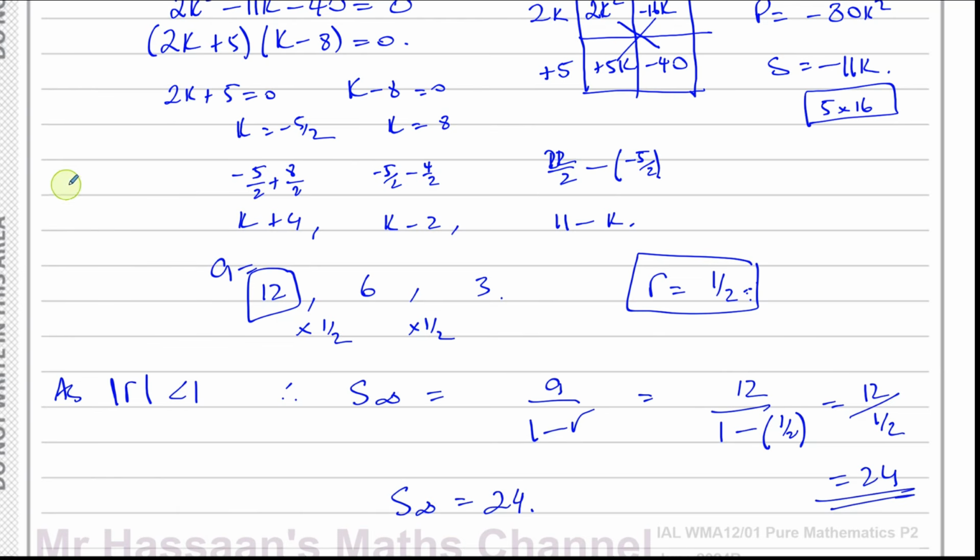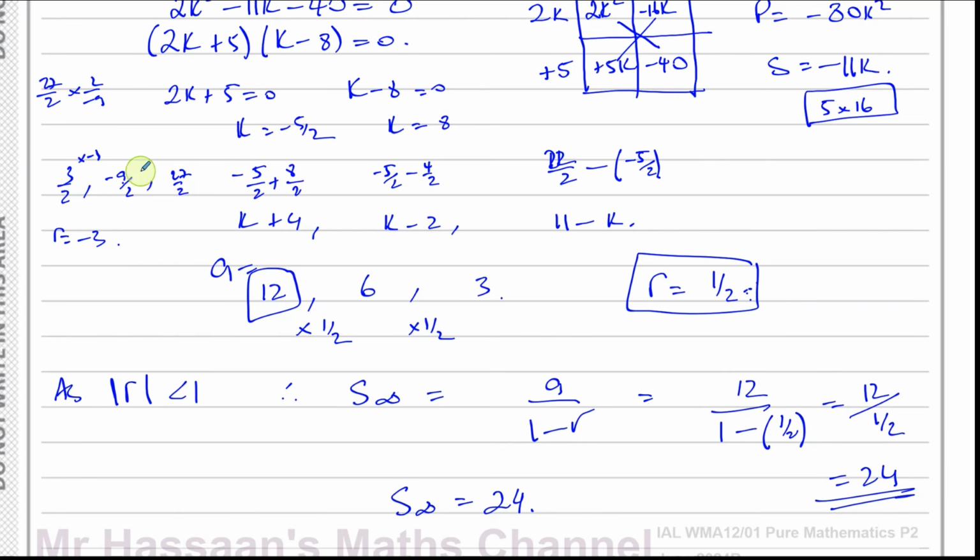This gives you 3 over 2, minus 9 over 2, and 27 over 2. Here the common ratio would be a negative value. It would be 27 over 2 times 2 over minus 9, which gives you negative 3.